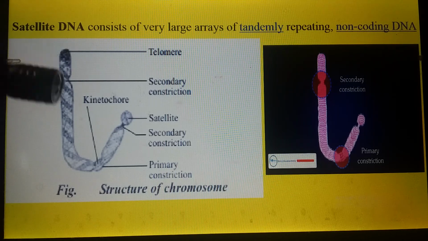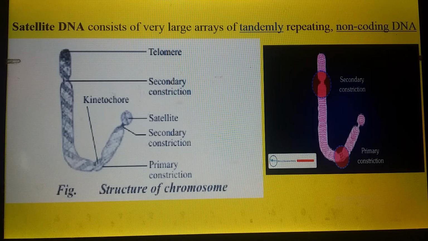So this is the part of the chromosome which is the satellite, meaning it consists of very large tandemly repeating non-coding sequences. This satellite consists of non-coding DNA, which does not code for proteins, which is non-functional.